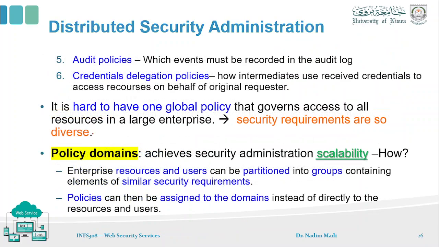So this is why we have what we call policy domains, which achieve a grouping of the policies. Some related policies might be grouped together in what we call a domain policy, and this domain policy will be linked to a specific group of users. So as you can read here, enterprise resources and users can be partitioned into groups, and then those groups can be linked to specific policies.